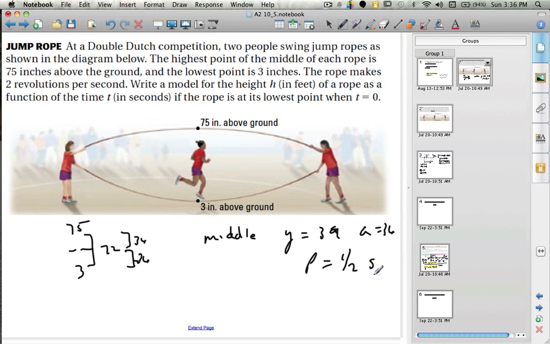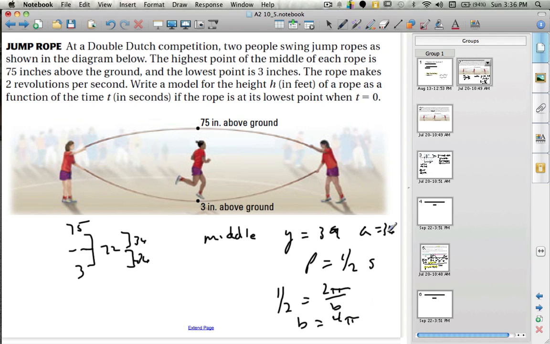All right, so that's some good information. So I know that 1/2 is equal to 2 pi over b. So b must be equal to 4 pi. Okay, great.